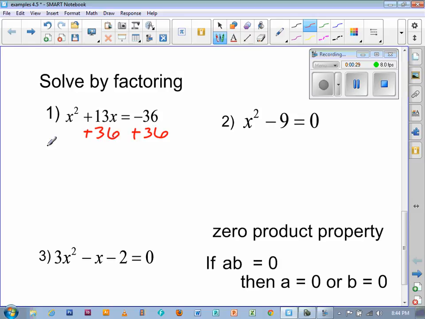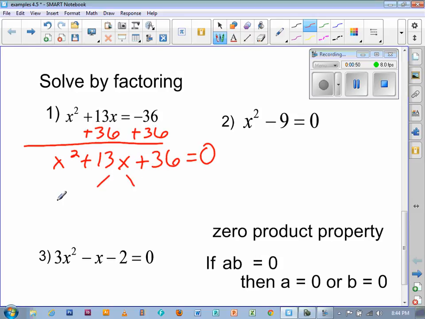So if we do that successfully, it's going to look like this: x squared plus 13x plus 36 equals 0. Now you could replace that 0 with a y and do it on your graphing calculator, but I think you'll find factoring is much more efficient. And what we're going to do is take this trinomial and factor it into 2 binomials like we did in the previous lesson.